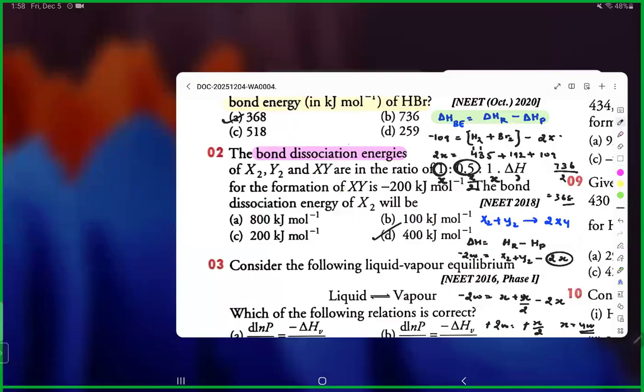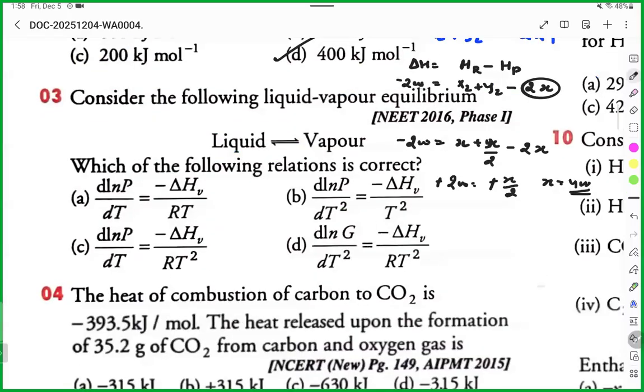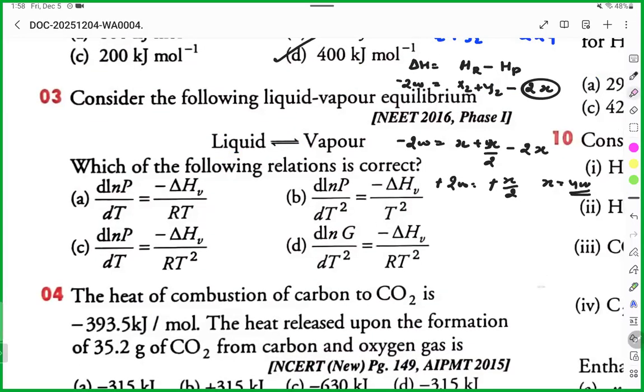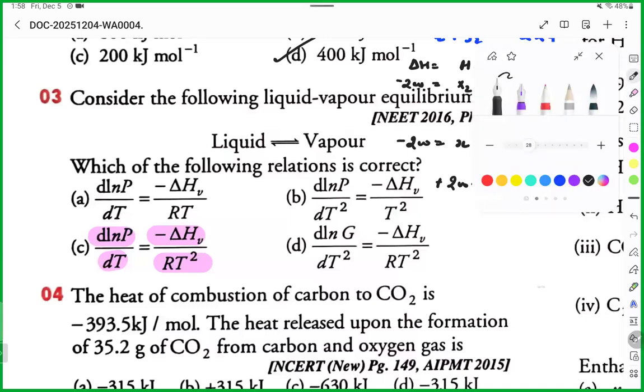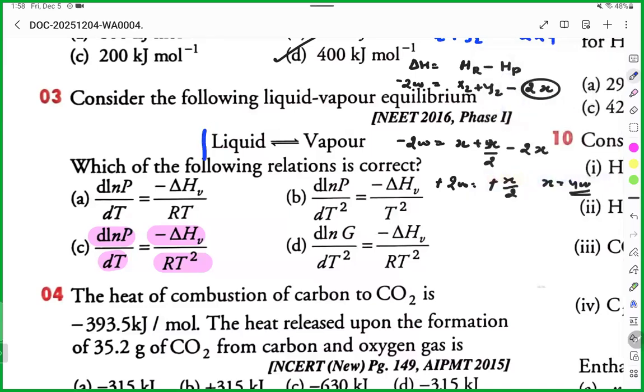In the third question, you don't have any logic. It's the direct Clapeyron's equation. We say that delta P in the logarithm form, natural log, by delta T is equal to this. Done. There is no logic behind this. This is called sublimation, this is evaporation. Liquid to vapor is evaporation. This is the direct equation name, but this is evaporation.